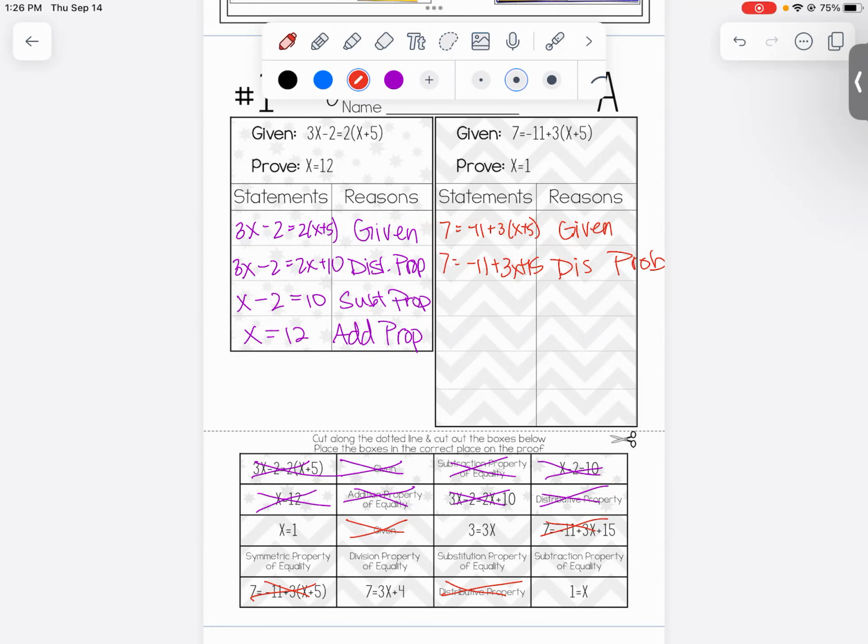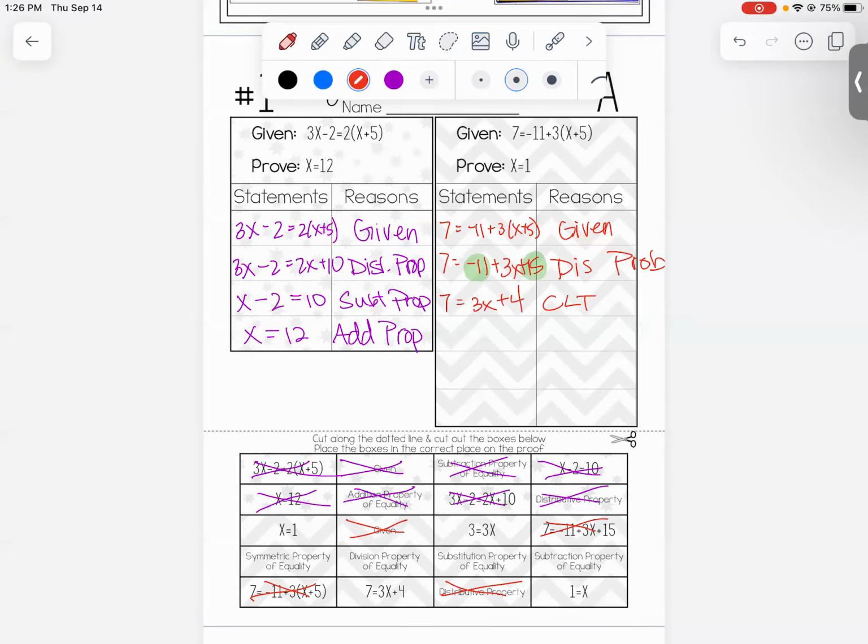Why is the substitution right there? Do you see how we have negative 11 plus 15? And so we would get 4 out of it. That's where we use the substitution property. So it's not addition because you're not adding on both sides. Correct. If you told me combine like terms, I would accept that. Does that make sense?